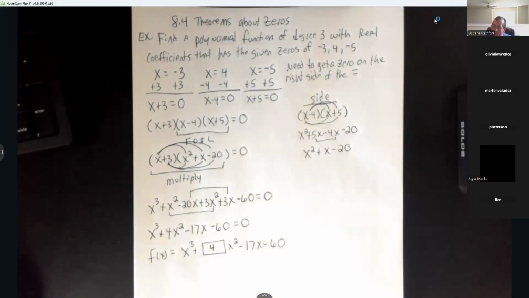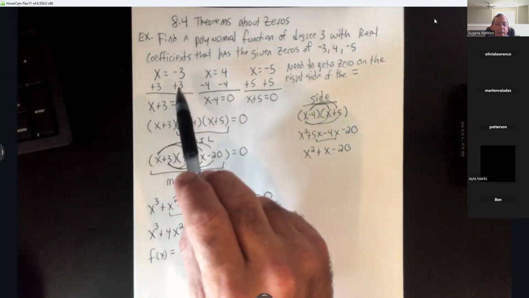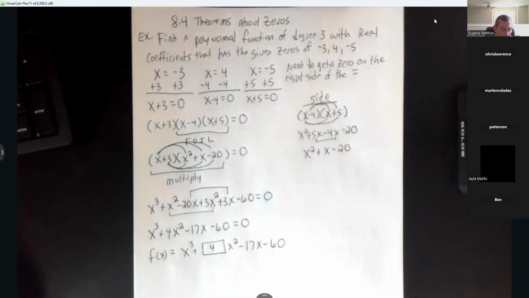So y'all, 8.4 is heavy on the fooling in the beginning, okay? Now this one was fooling 3 integers. So y'all, let me show y'all what's coming up.